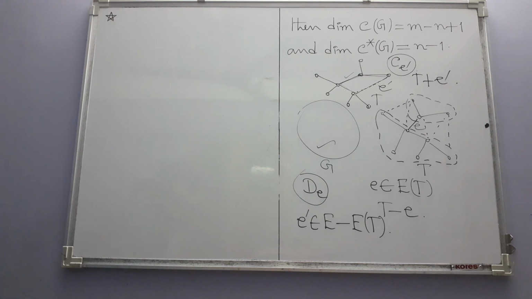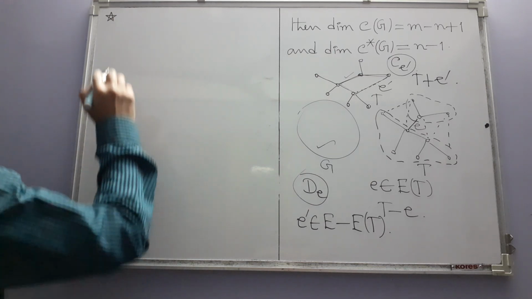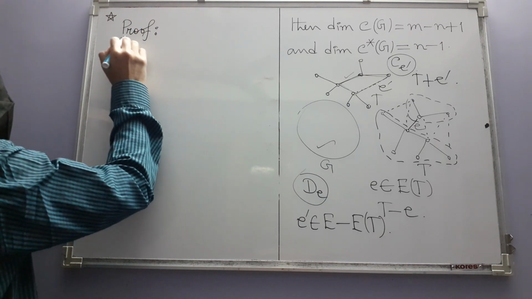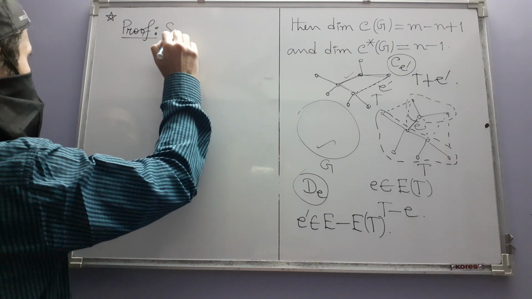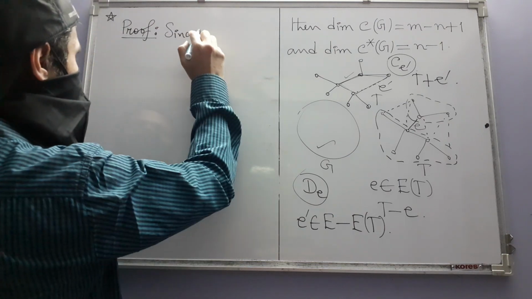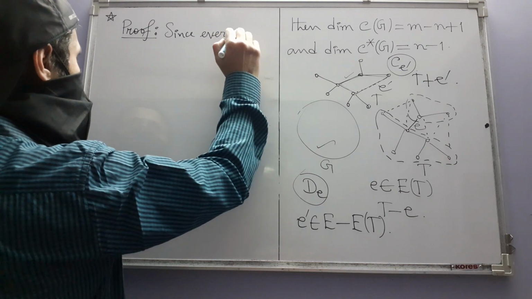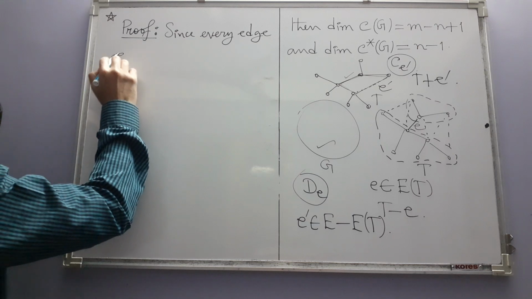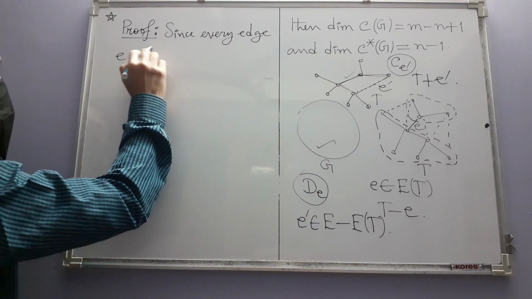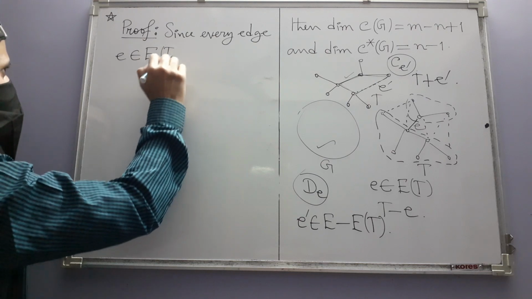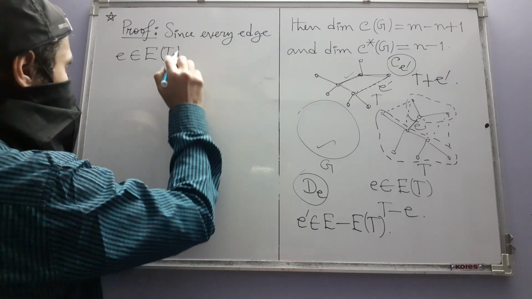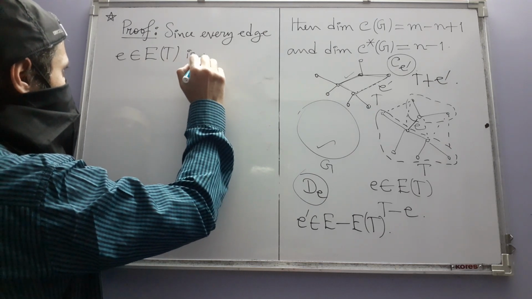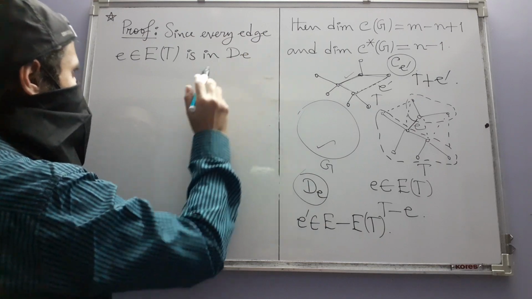Okay, so the proof goes like this. Since every edge E belonging to the edge set of the spanning tree T is in DE, that means E is an element in DE.